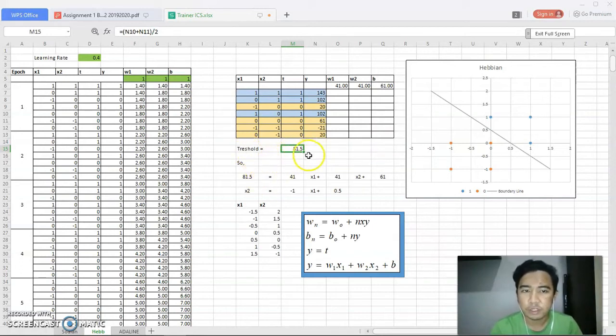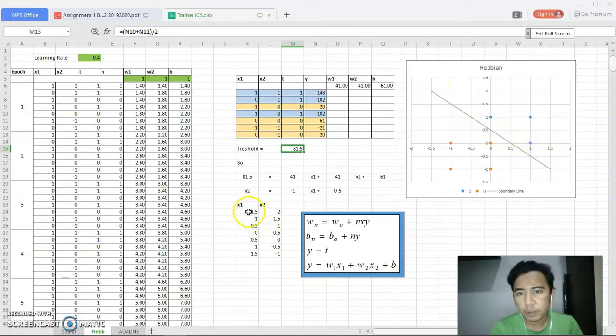From the value of threshold, we apply it to this formula and simplify until we get a formula that has a relation with y equal to mx plus c. From this equation, we can determine the slope of this line.